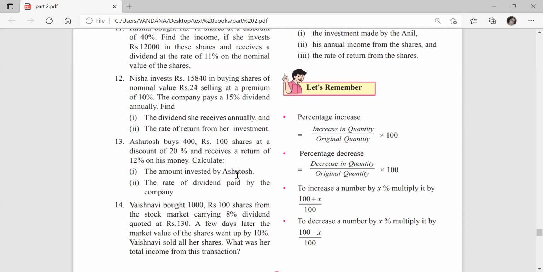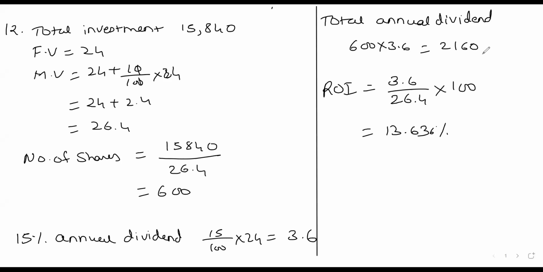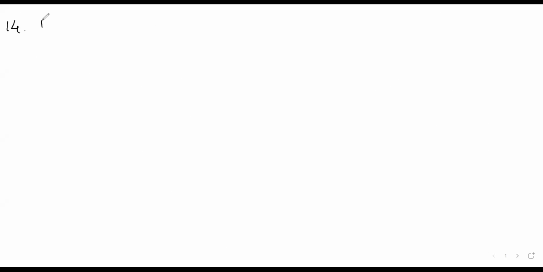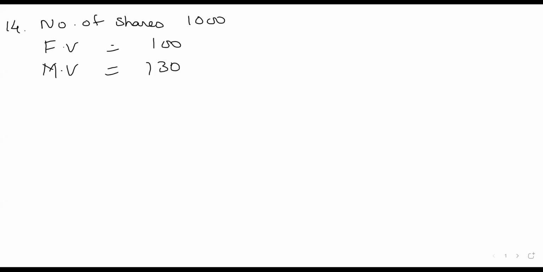14 sum. Vaishnavi bought 1000 rupees 100 shares from the stock market carrying 8% dividend quoted at 130. Now see, the question is, number of shares is 1000. Face value is rupees 100. Market value is rupees 130. 8% is the dividend.